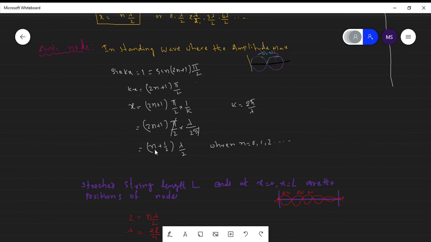For n equal to 0, x is 1 by 2 into λ by 2, therefore λ by 4, where one antinode exists. Then for n equal to 1, 3 by 2 into λ by 2 is 3λ by 4. This is 3λ by 4, where another antinode exists.